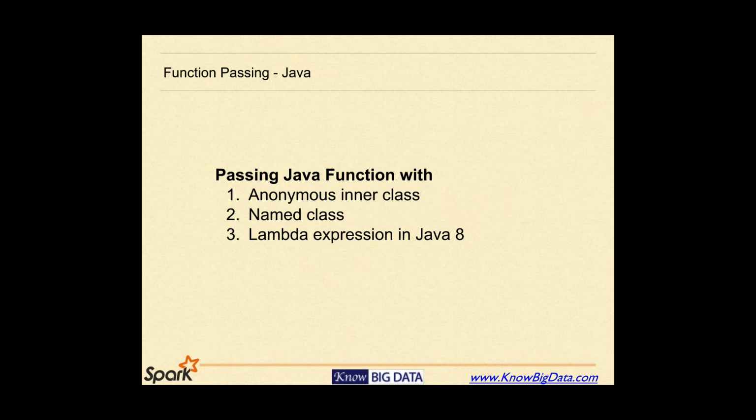Passing Java functions could be done in three ways. One is an anonymous inner class, and second is named classes. We used the named classes example earlier. Then the third way is using a lambda expression, which was introduced in Java 8.